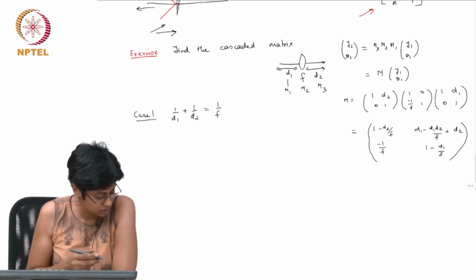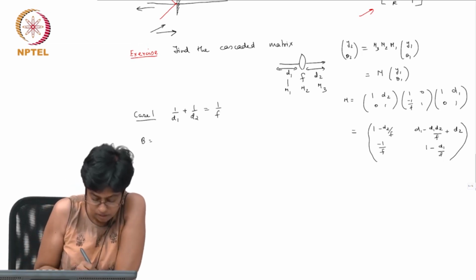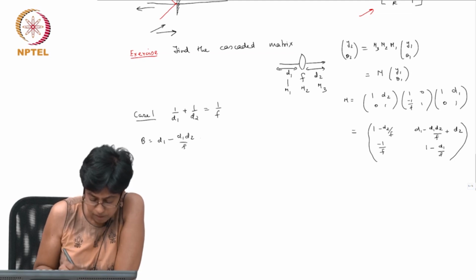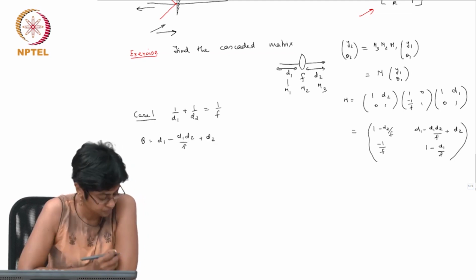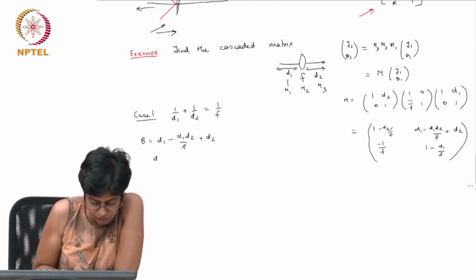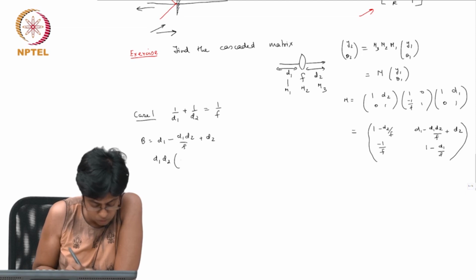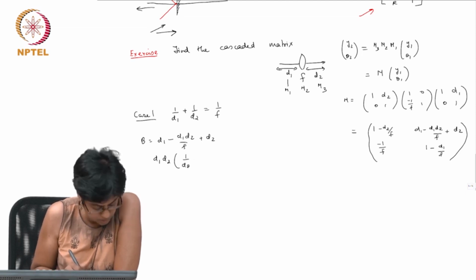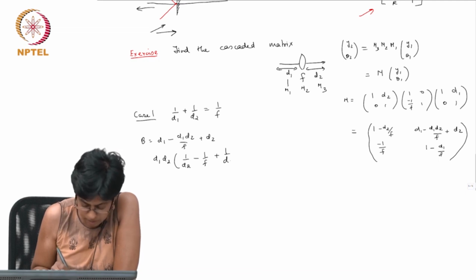So, let us pull out that term B, which is D1 minus D1 D2 by F plus D2, and I want to somehow impose this condition. If I take out D1 D2, I will have 1 over D2 minus 1 over F plus 1 over D1.